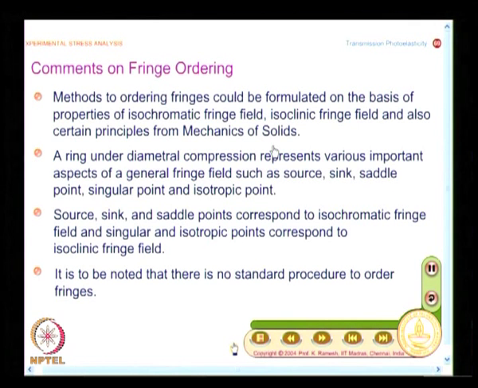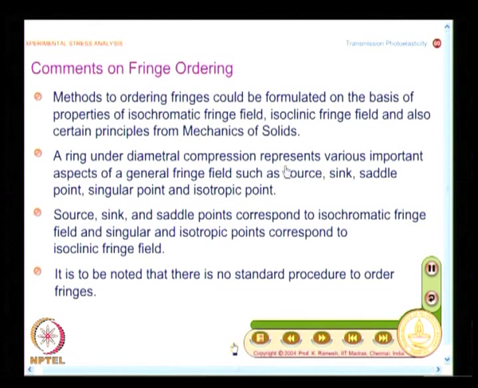With modern developments, you have the advantage of computer based methods which provide you the fringe order at every point in the model domain. Though they are automated methods, my recommendation is that from a learning point of view, you should also know how to look at the fringe pattern and label the fringes. This knowledge would complement your further learning.